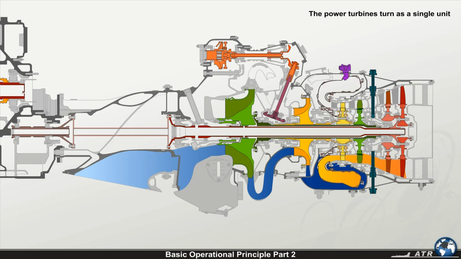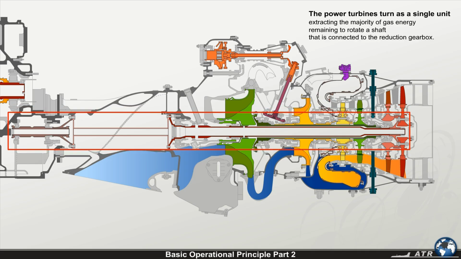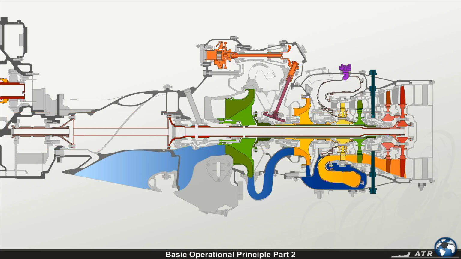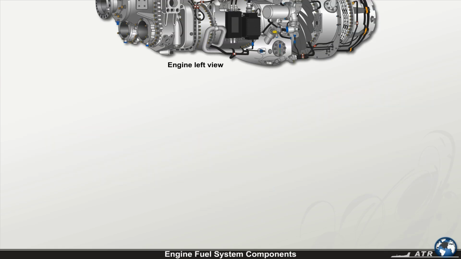The power turbines turn as a single unit, extracting the majority of gas energy remaining to rotate a shaft that is connected to the reduction gearbox. After leaving the power turbine, the gases are vented through to the exhaust pipe, where they are vented overboard.